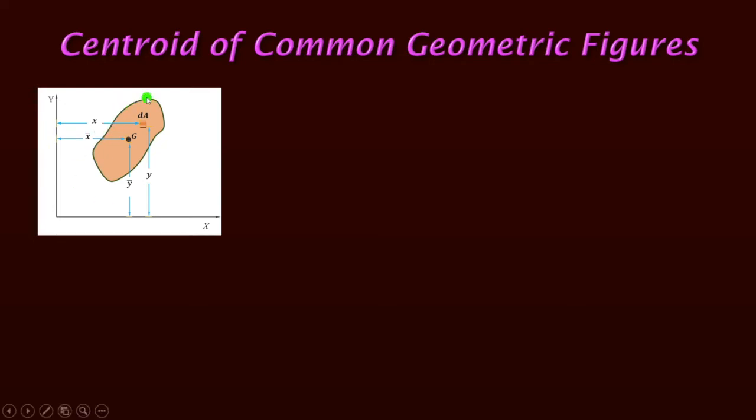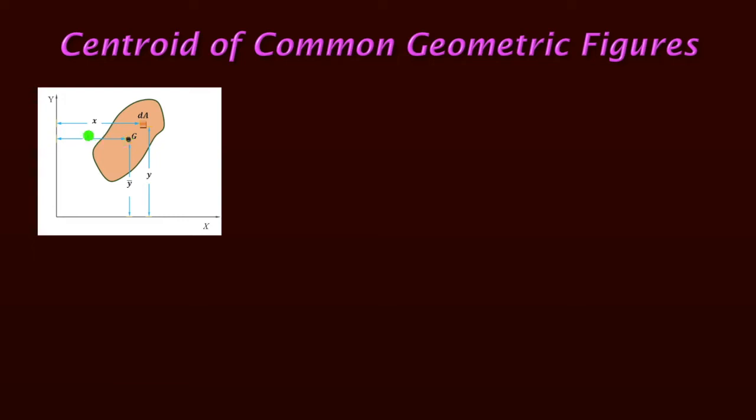So let's consider this area. Any arbitrary elementary area here is dA. The distances from the axes are x and y respectively, and G is the centroid of this area. The distances of the centroid from the y and x axes are x bar and y bar, the coordinates of this centroid.